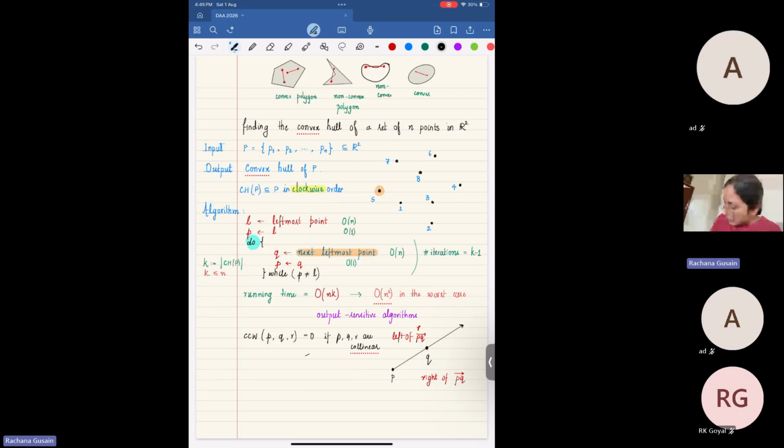Otherwise it will be less than 0 or greater than 0. It depends on how you implement it. Let's say we implement it so that less than 0 means R is to the right of PQ, and positive means R is to the left of PQ.